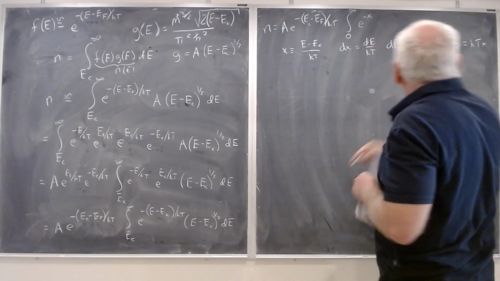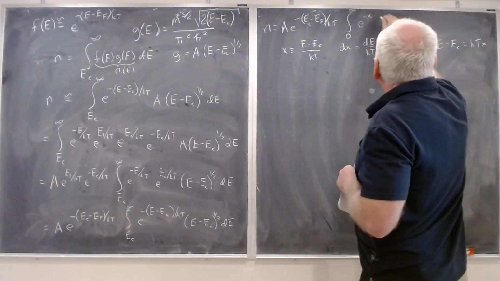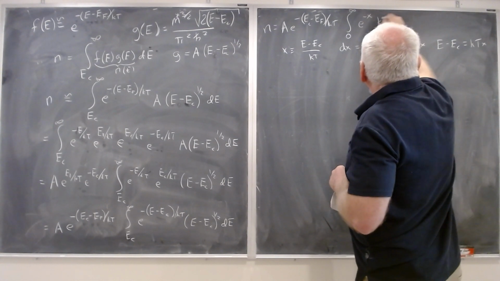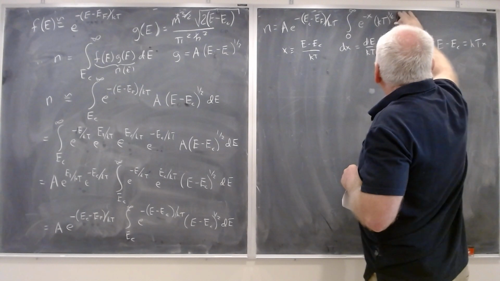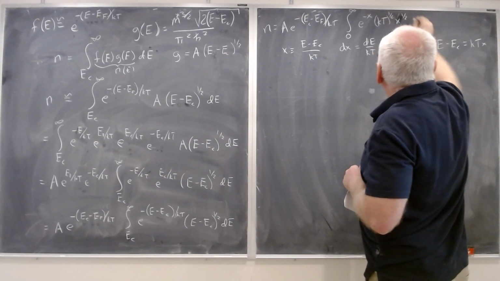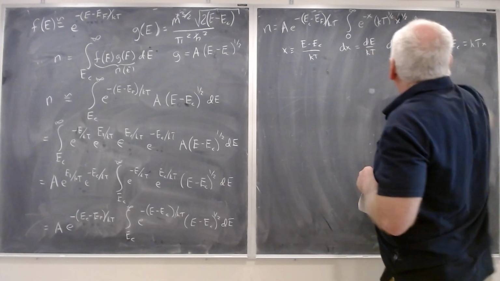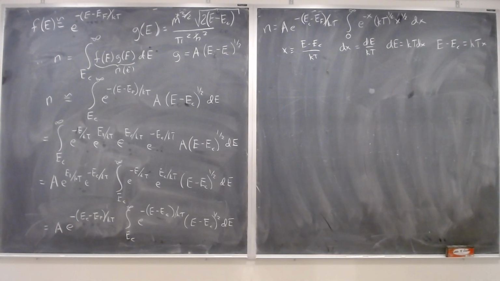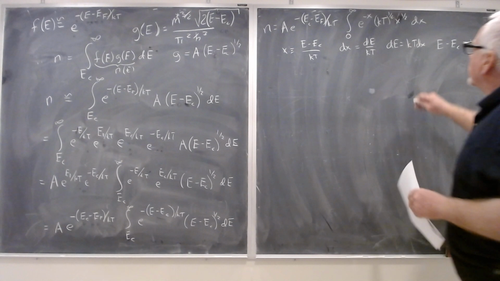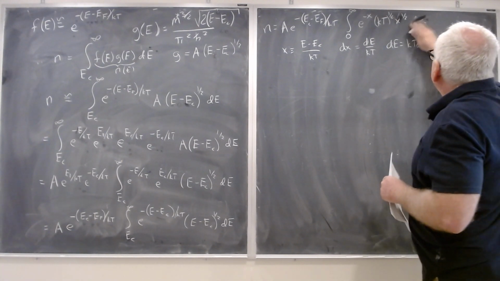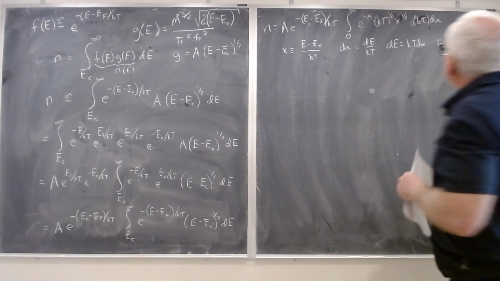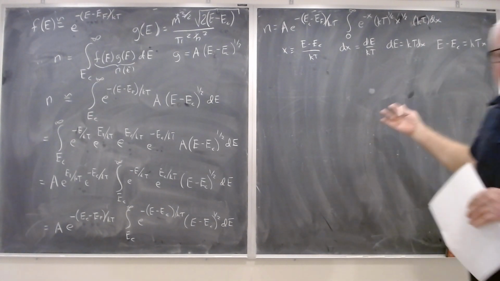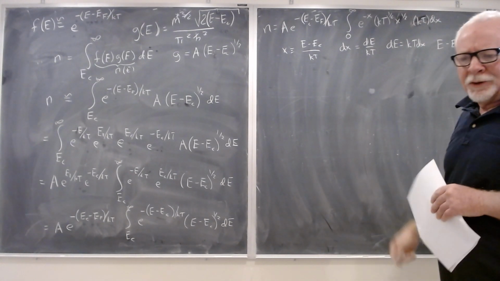And then this one becomes kT to the 1/2 times x to the 1/2, times kT dx. You'll remember this sort of thing from your freshman calculus classes, right?